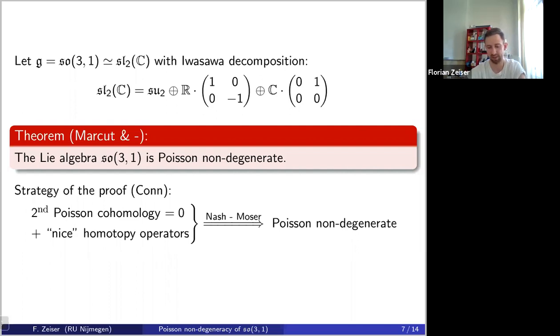Then the idea is to apply some Nash-Moser type of method to show the Poisson non-degeneracy. That's basically the first part of my talk. In the second part, I will explain the three terms in this strategy of the proof a bit closer, which we haven't seen: Poisson cohomology, homotopy operators, and Nash-Moser techniques. That will be the part of the second talk.